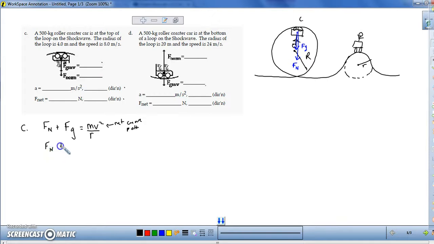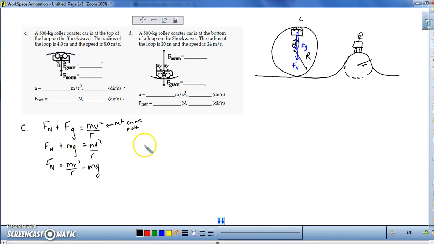Force normal plus gravity, which is mg, equals mv squared over r. Just like that. That's nice. Okay. With that said, we don't know what this is. We do have mass, velocity, and radius, so we can actually make an expression to solve for the normal force by writing this, subtracting out the gravitational.